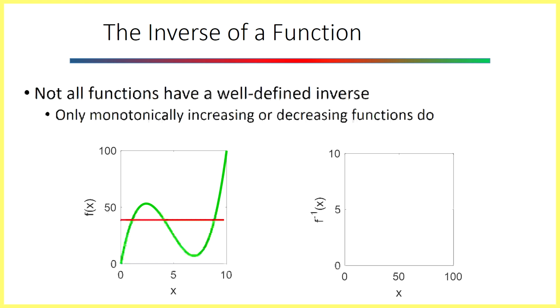Consider, for instance, this function. If we calculate f of 0, we get 0. So that plots nicely onto our inverse function. However, what happens when we calculate f of 2?